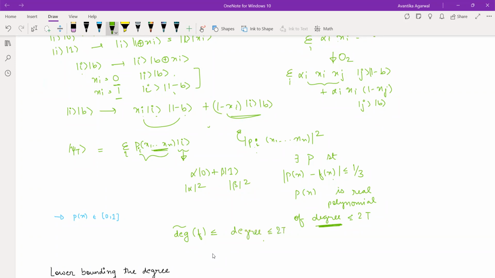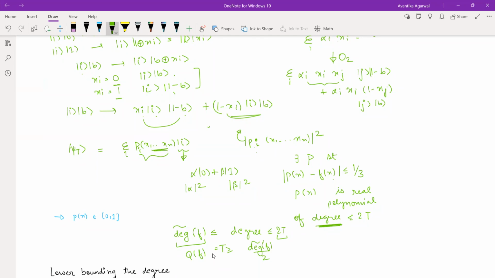So we have shown that the approximate degree of f is less than or equal to 2t. This gives us the claim that we initially wanted to prove, that t is greater than or equal to the approximate degree of f divided by 2. And t is equal to Q(f), because t is the number of queries Bob made. So Q(f) is greater than or equal to the approximate degree of f by 2.